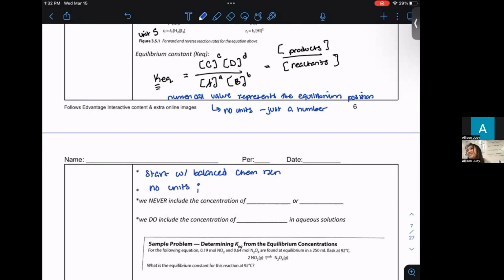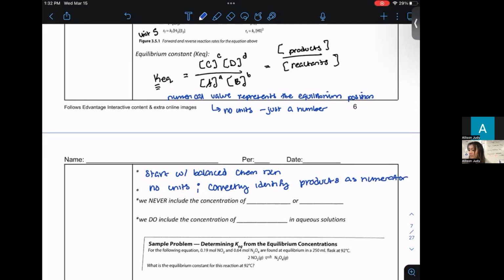Sounds silly, but if you flip it, you get the inverse of the reaction. So be careful not to flip. Make sure you correctly identify products as the numerator. Silly mistakes are what kill people.